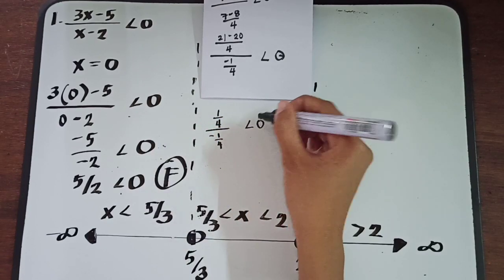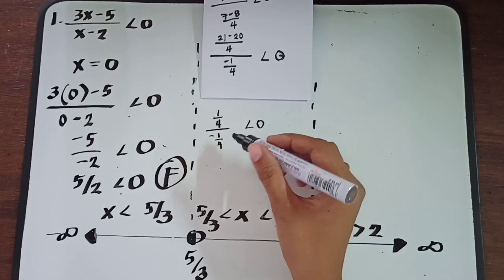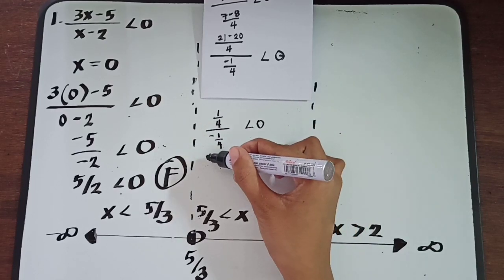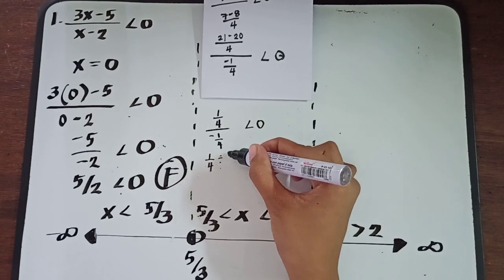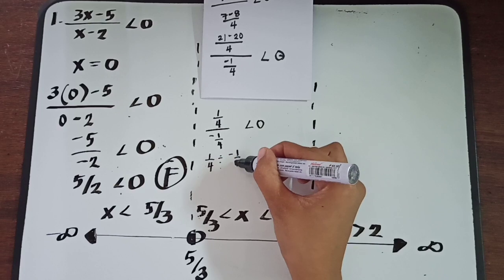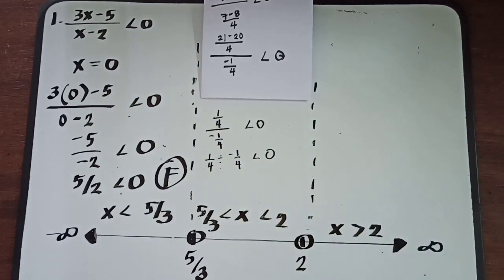which is less than 0. This 1 over 4 over negative 1 over 4 can be written as 1 over 4 divided by negative 1 over 4, which is less than 0. Okay?